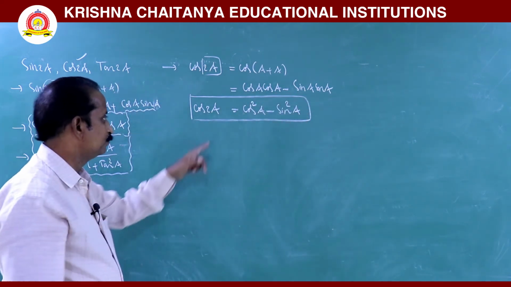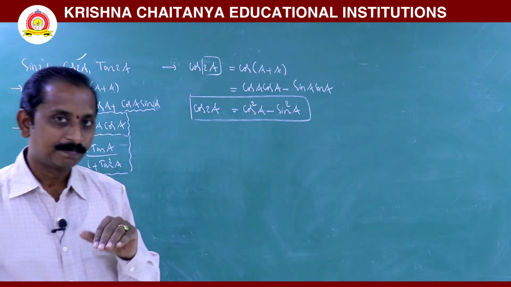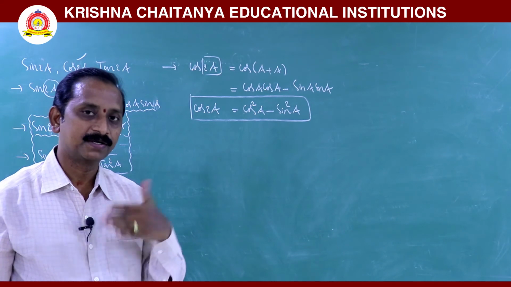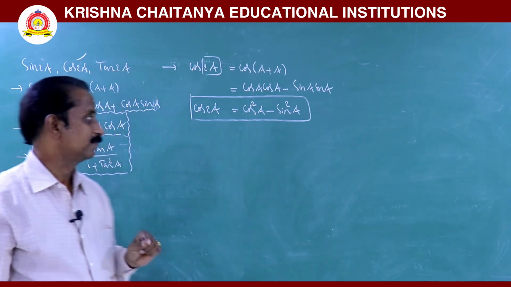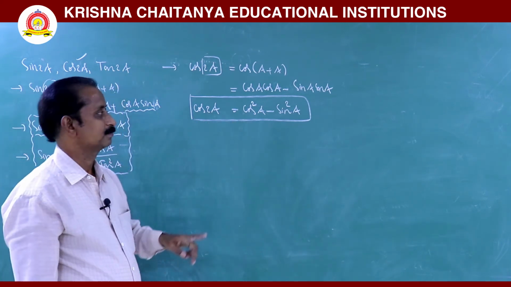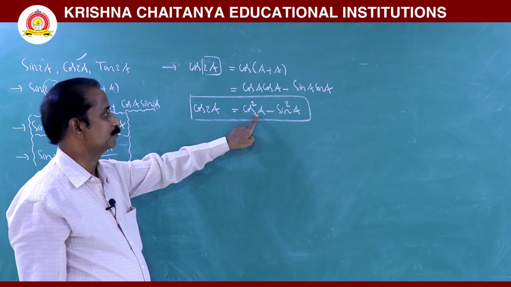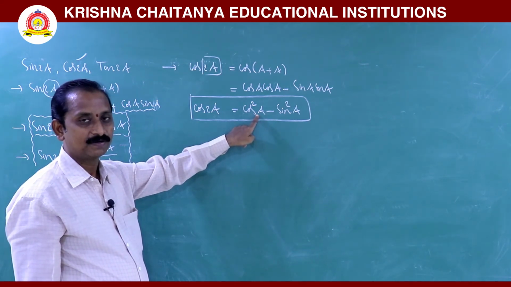Using this basic, cos 2A can be converted into completely sine, completely cosine, or completely tan. How to convert cos 2A completely into sin A? Just use the identity sin square A plus cos square A is equal to 1.